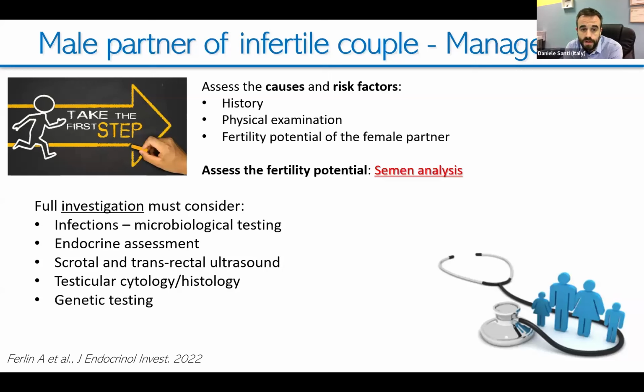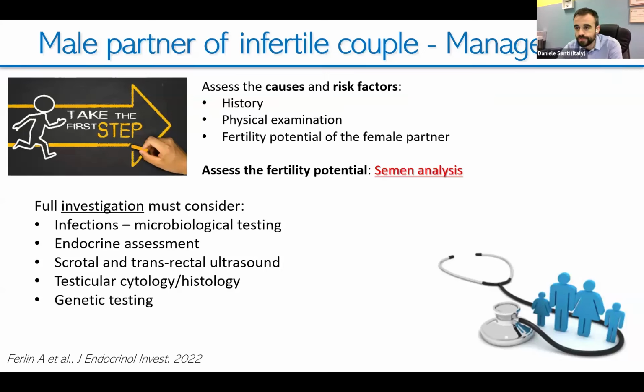So semen analysis must be considered together with other points, such as the medical history collection, the physical examination, and the evaluation mainly of the hypothalamic-pituitary-gonadal axis, since the testis is just one step in this endocrine axis. It is very important to consider all the axes and not only the sperm production, and so the semen analysis.